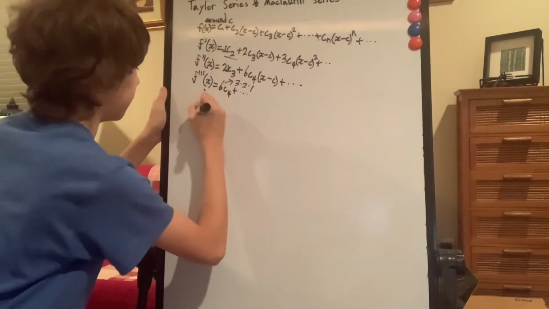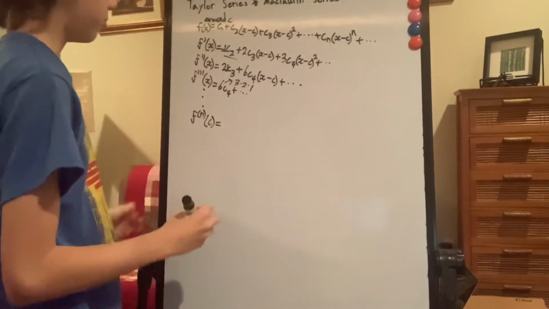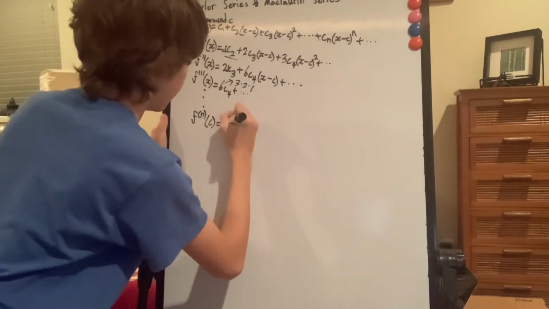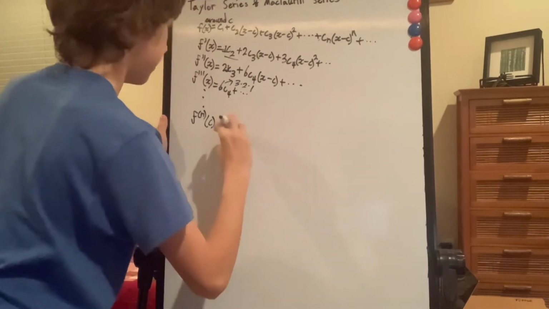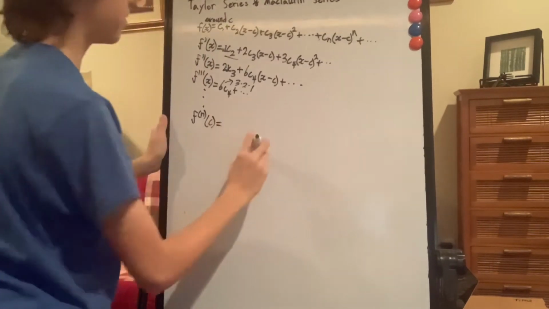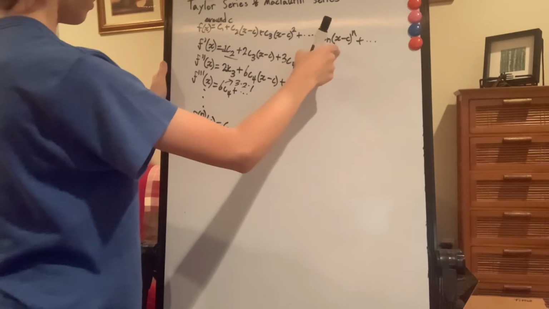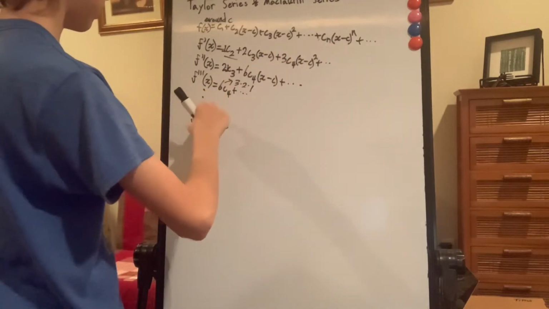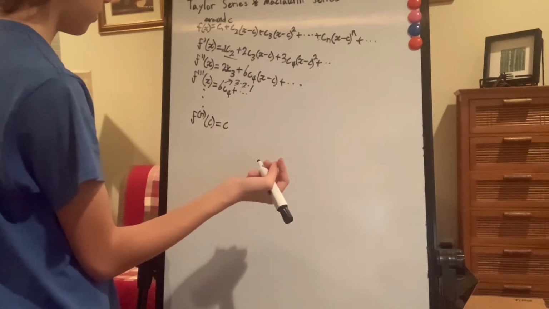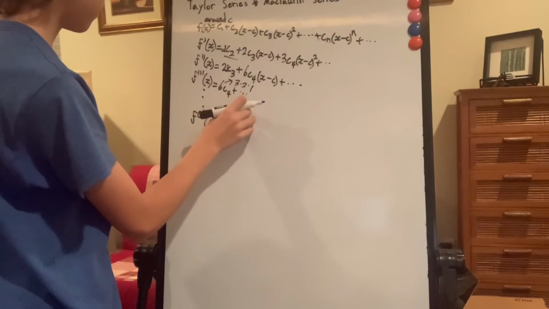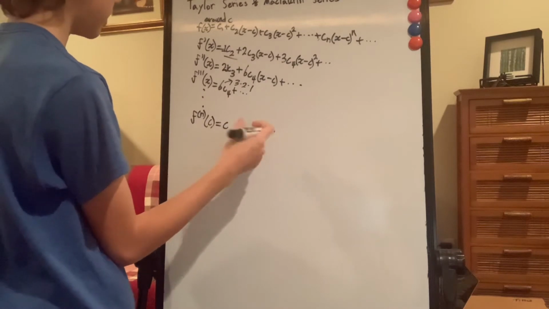The nth derivative at c is equal to n factorial times, actually, the term that survives here is going to be c sub n plus 1.